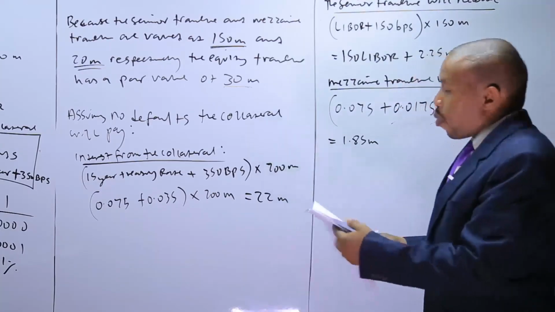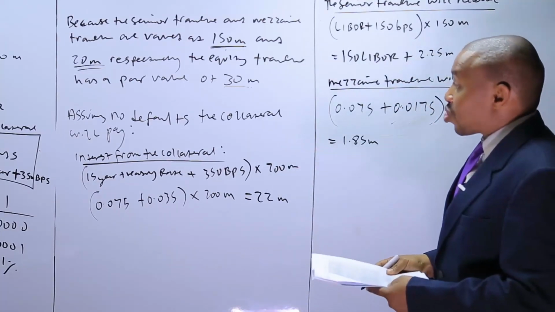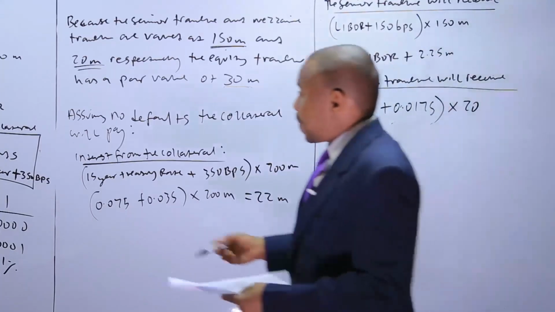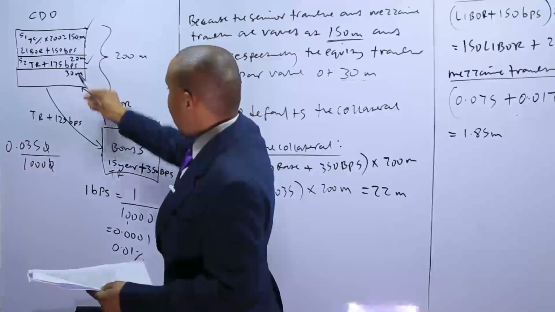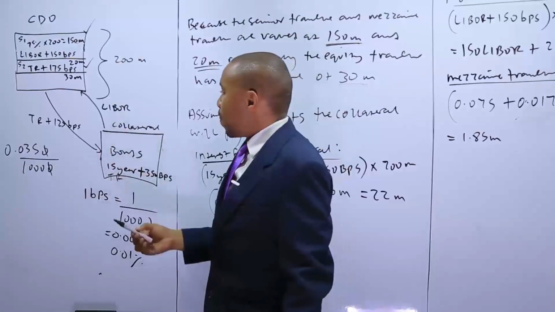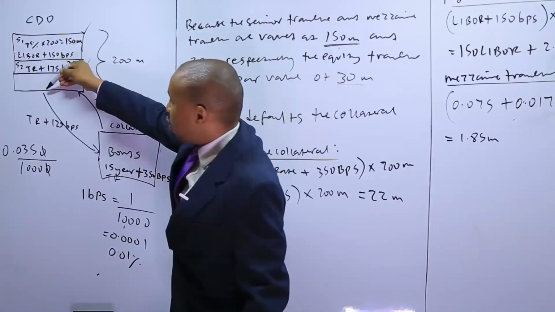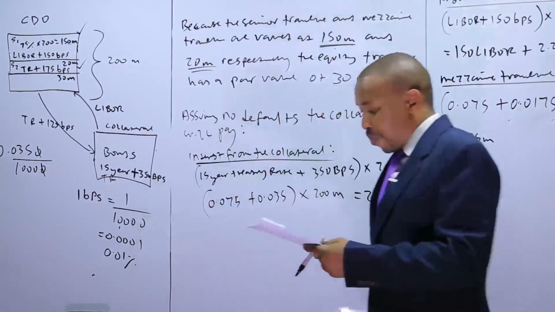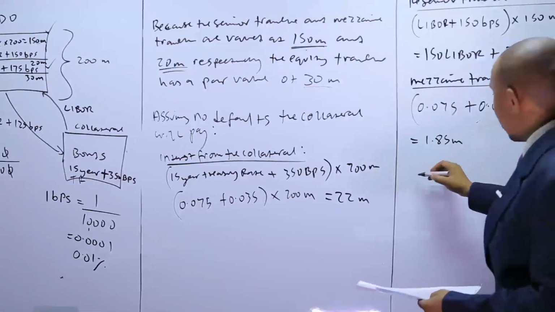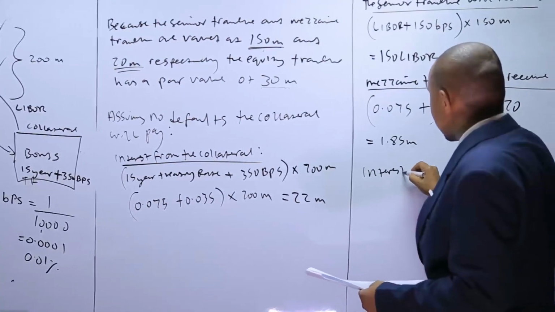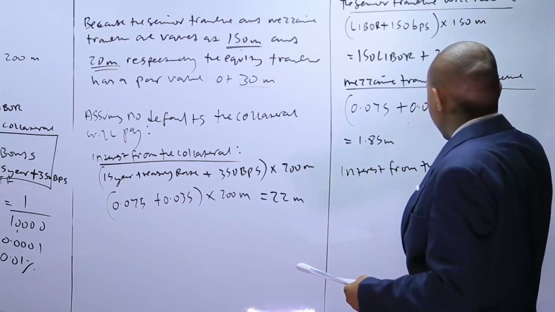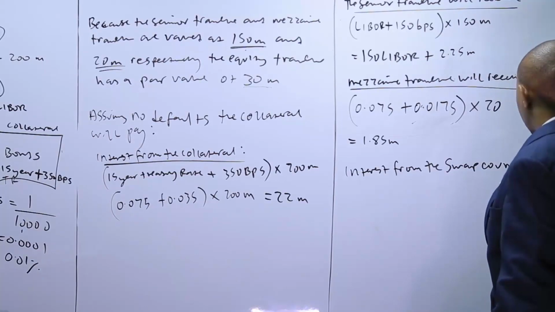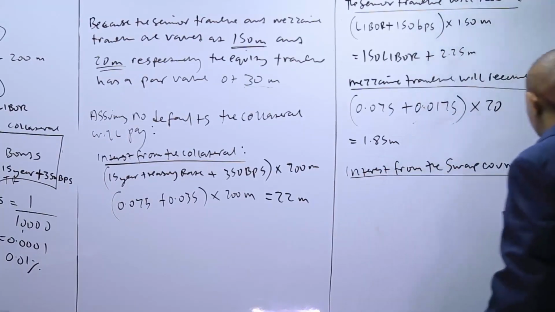Now we need to concentrate on the swap arrangement. The swap arrangement was saying that the collateral will pay up the LIBOR rate, or the London Interbank Offer Rate, and will also receive the treasury rate plus 125 basis points over there. So we can have another column over here, the interest from the swap counterparty, which will be how much?